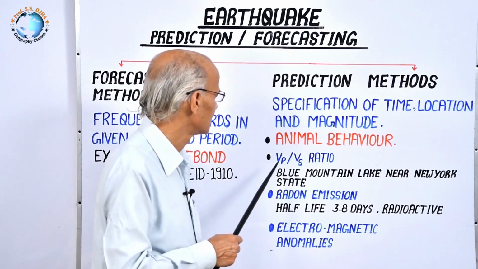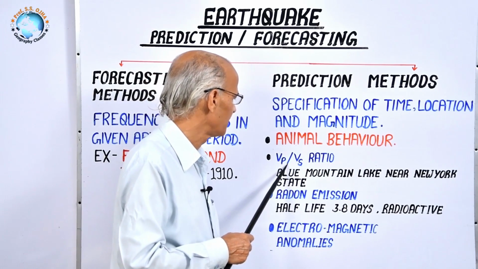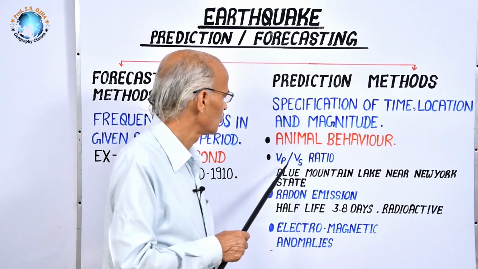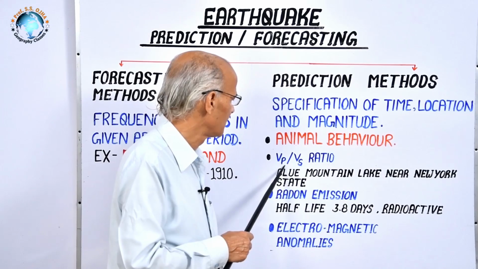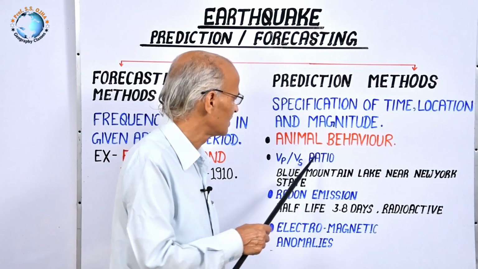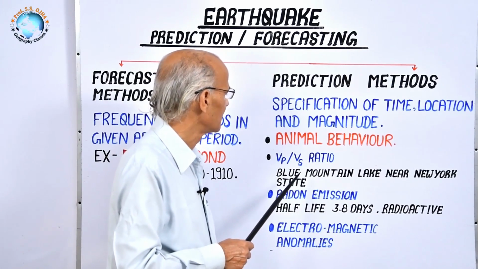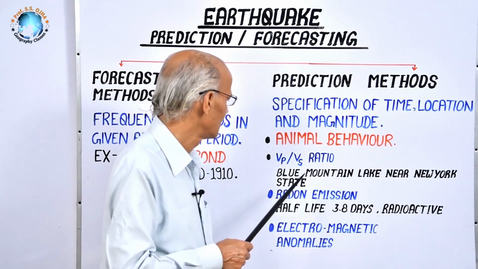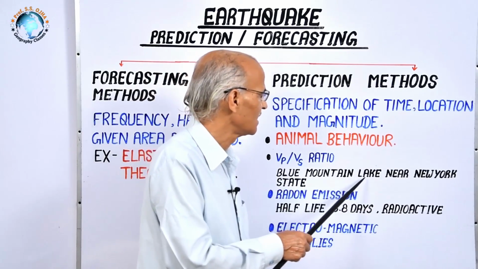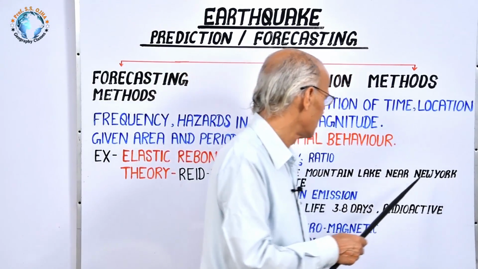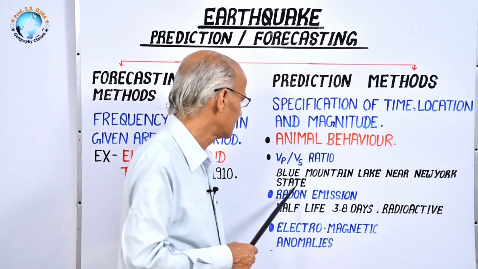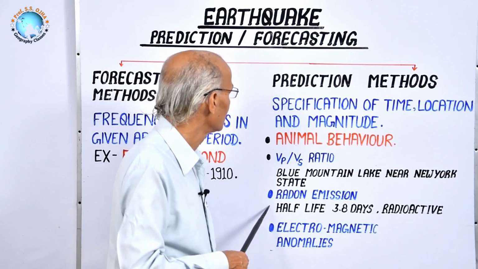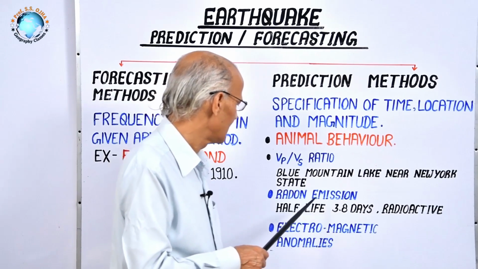The second method is the ratio of the velocity of P wave and the velocity of S wave, which helps us predict the earthquake. This method has been applied in the Blue Mountain Lake region, located near New York State, United States of America. The third prediction method is radon emission.